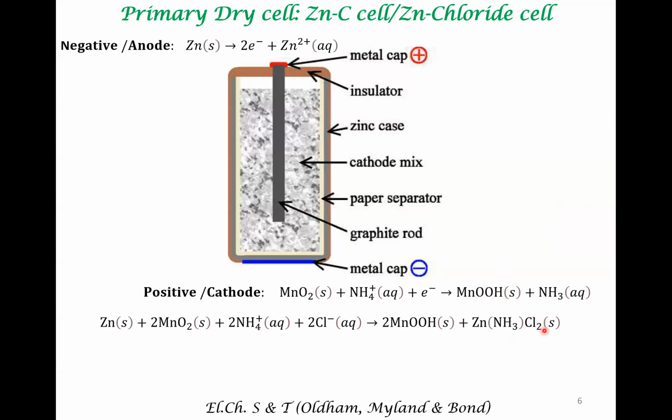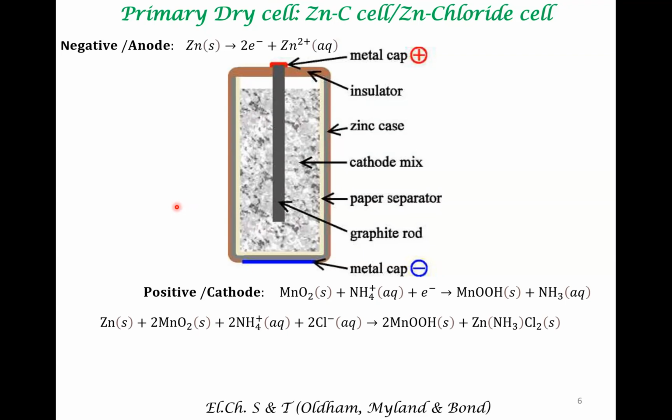So all this gives rise to this particular component. And MnO2 gets reduced to this particular component. So the overall reaction is the following. This is often called the zinc carbon cell or zinc chloride cell. And this is the geometry of the cell.